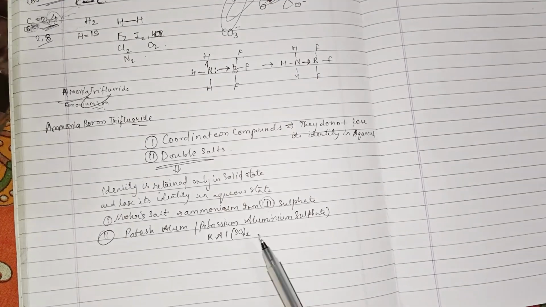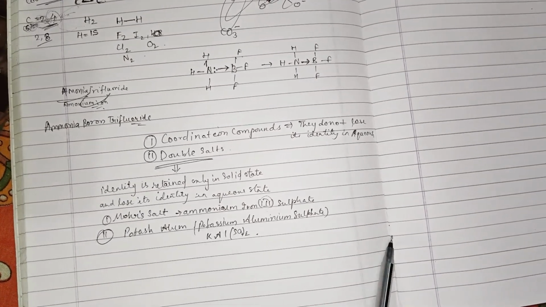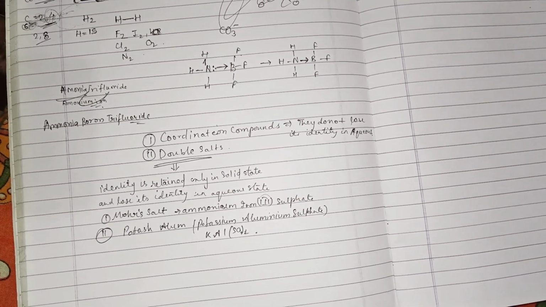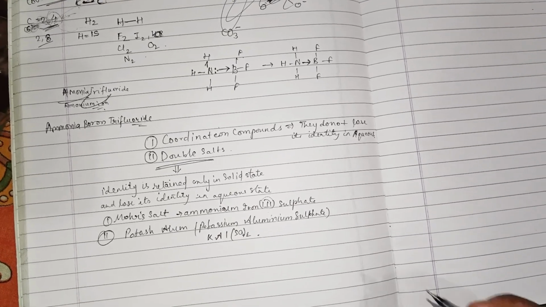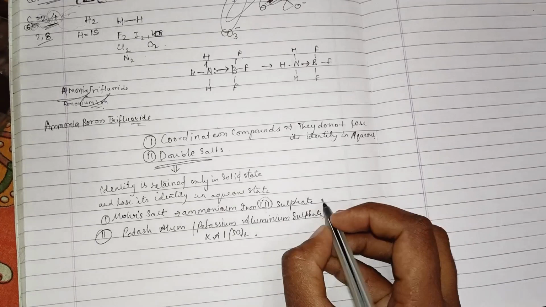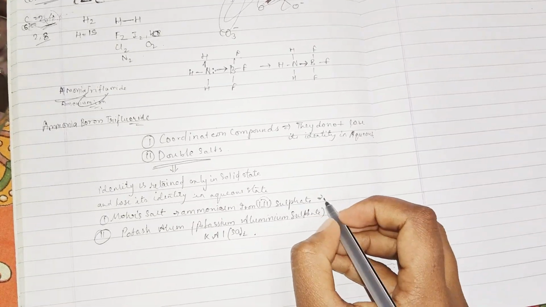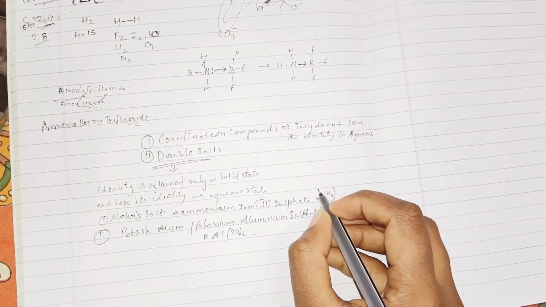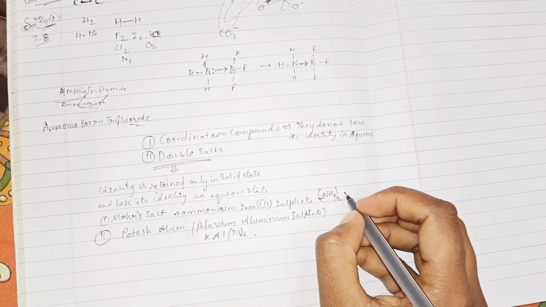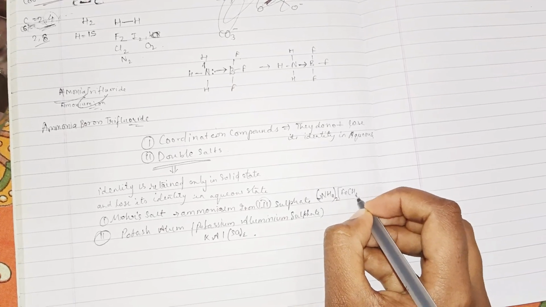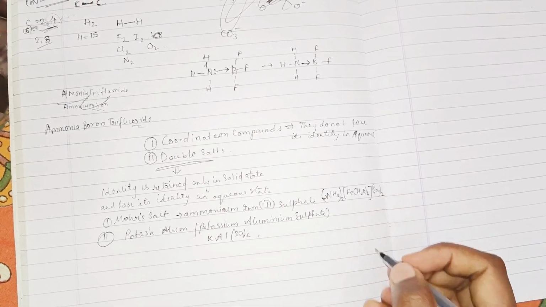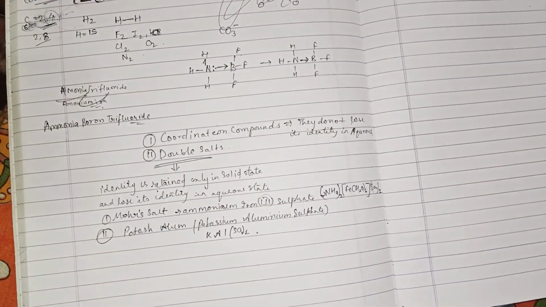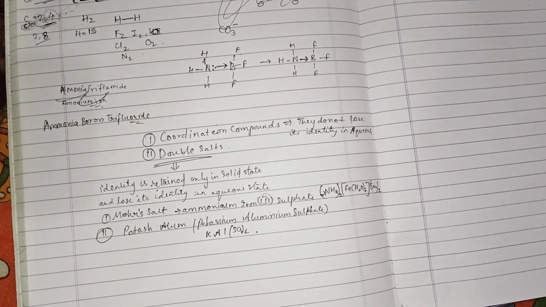When it is poured in aqueous state, potassium and aluminium dissociate into their ions. Similarly, ammonium iron sulfate will get dissociated into ammonium and sulfate.